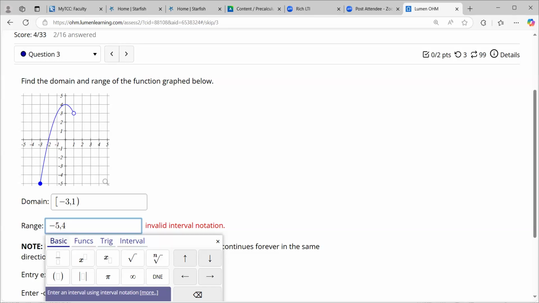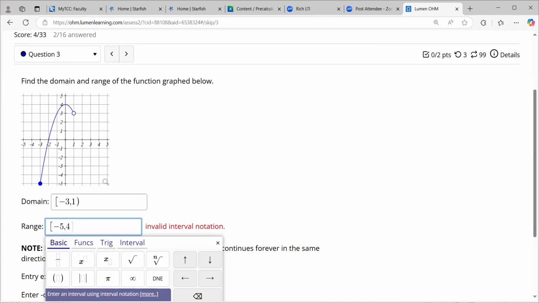And now we consider parentheses or bracket. Do we use a bracket or a parenthesis for -5? A bracket. Yes. The reason we use a bracket is because -5 is in the range. Same reason: the blue dot is on the curve.